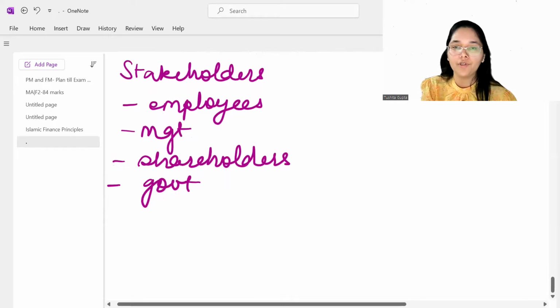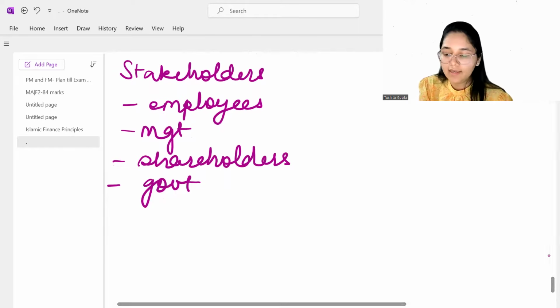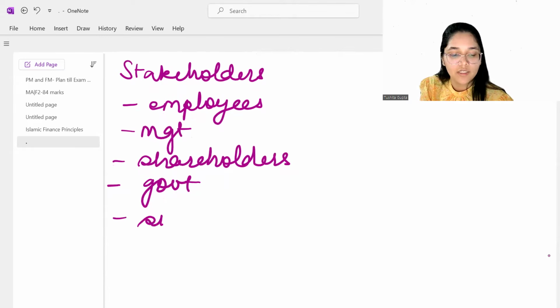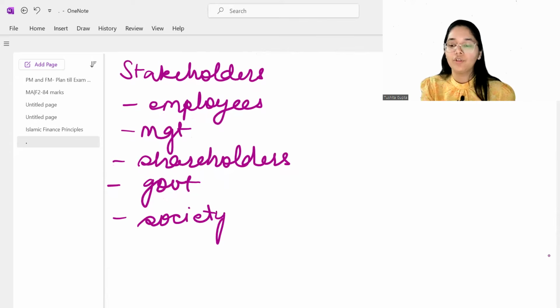Perhaps if you're not following the rules, they will levy fines on you. And then the last stakeholder is society in general. Whatever you're doing to produce goods in the economy, perhaps you're harming the environment while you do that. So society is also a stakeholder when it comes to any business, thinking about who are the people who get affected by its operations.